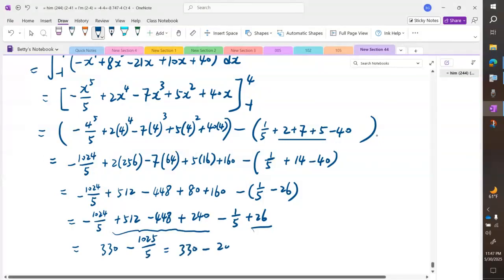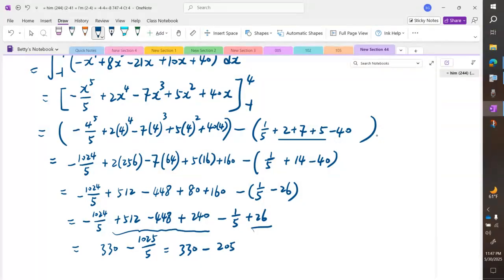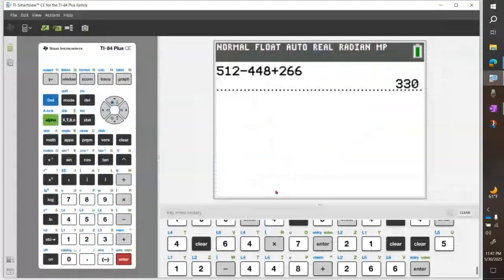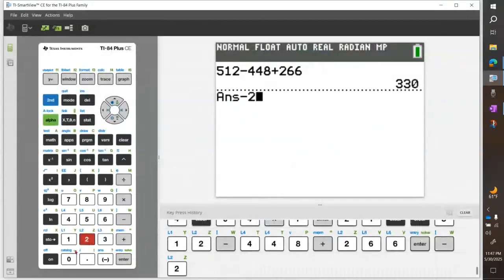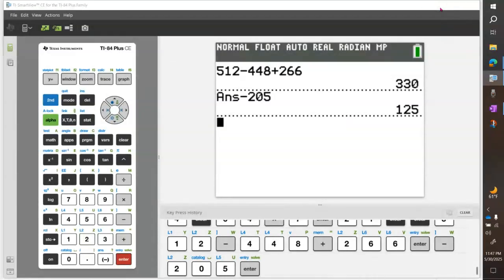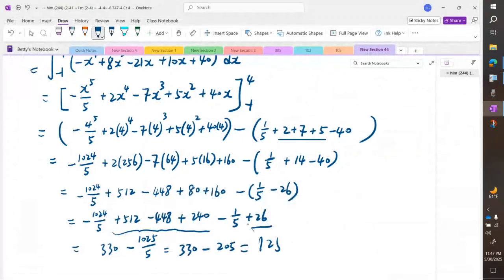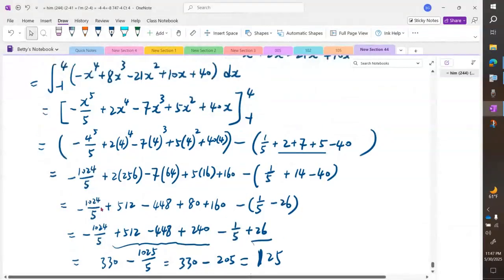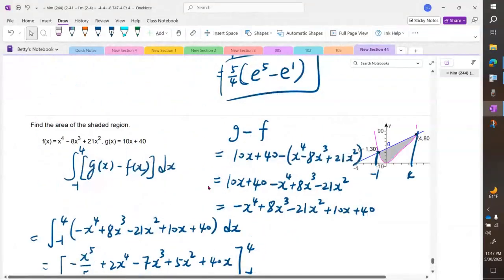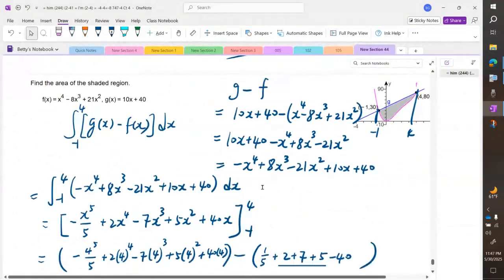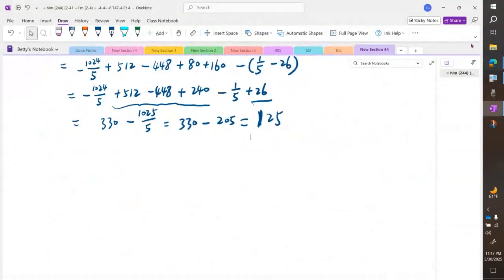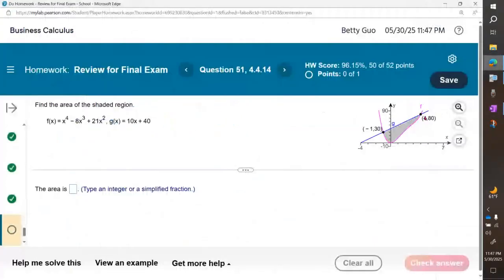That is 205. That gives 125. The calculation is quite challenging, but I don't really see a better option. 125.